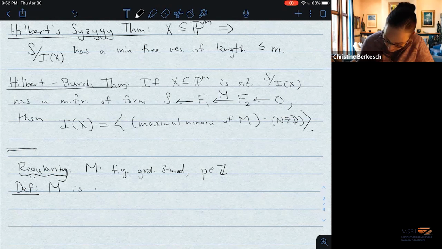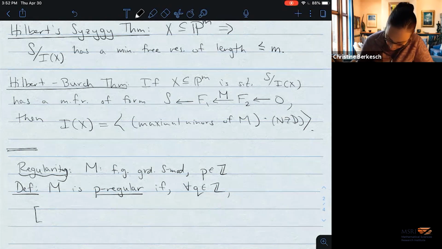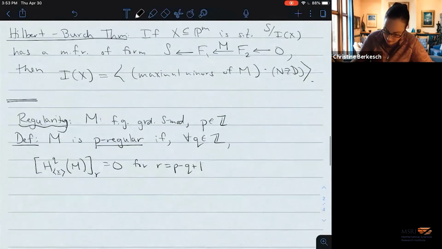So here we'll say M is P regular if for every integer we have the following. When R is P minus Q plus 1, we need this local homology module to vanish.